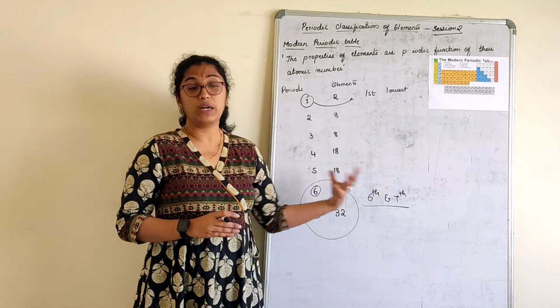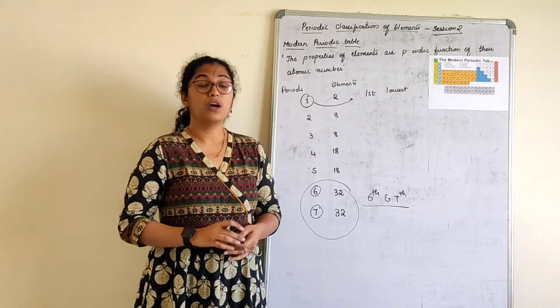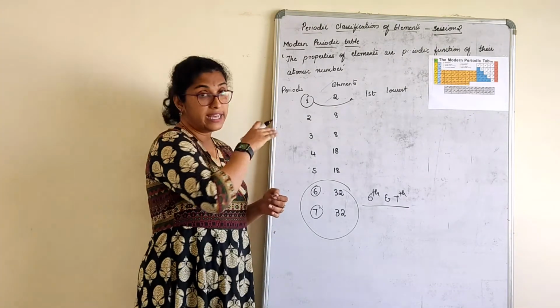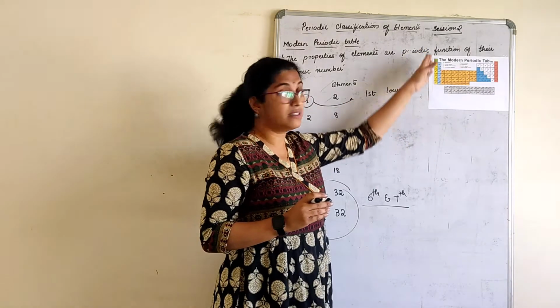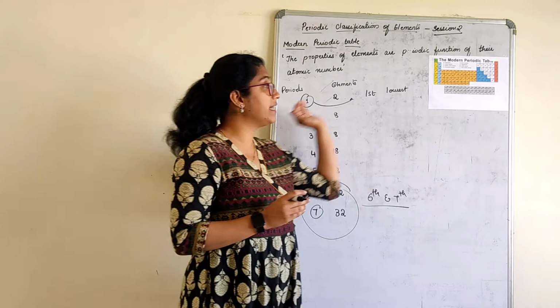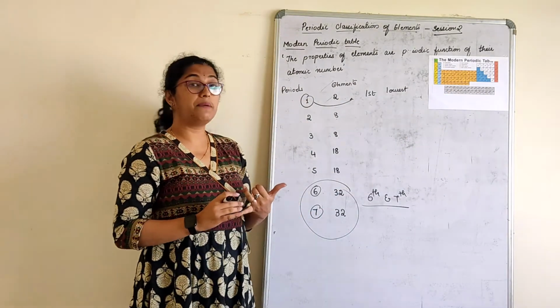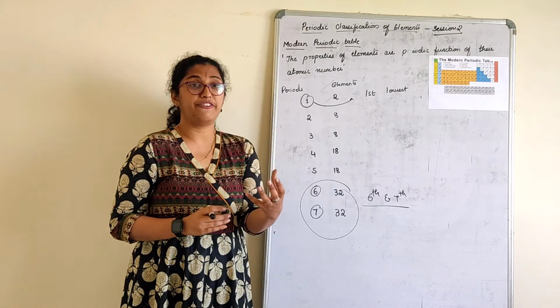The last part to understand in this periodic table is the properties of periods and groups. What happens to the elements as we go down the group and as we go across the period? How does the element property change? What happens to its atomic size, atomic radius, electron affinity?